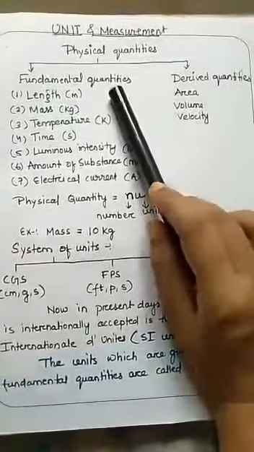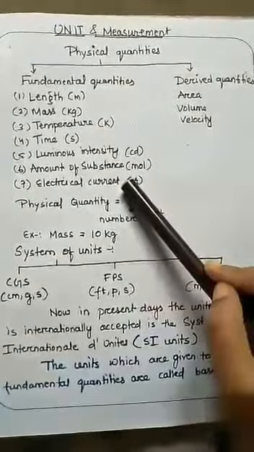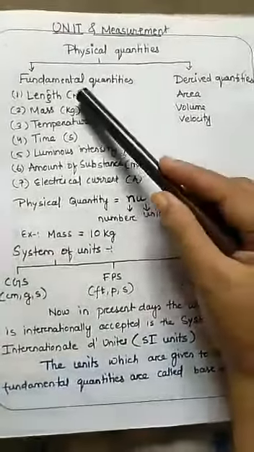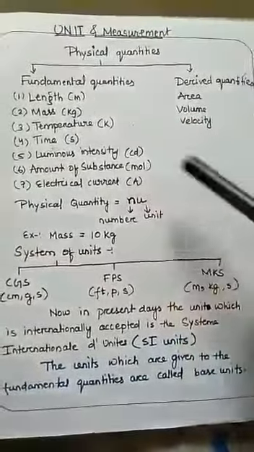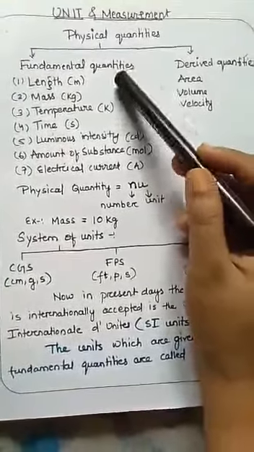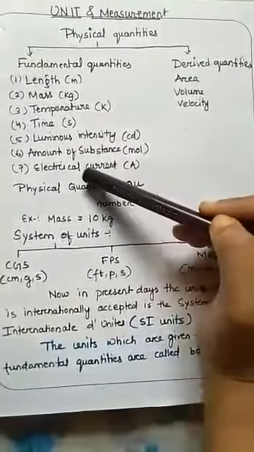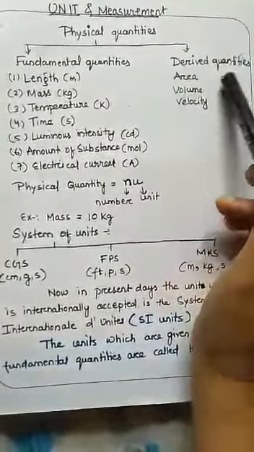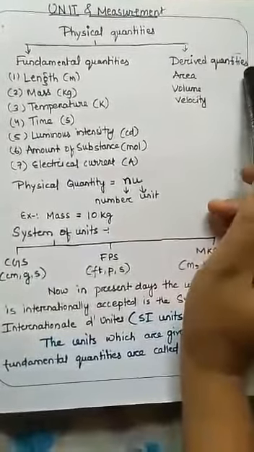Your fundamental quantities are 7 in number. And what are derived quantities? Using these 7 quantities we can derive a lot of quantities, and those are your derived quantities.